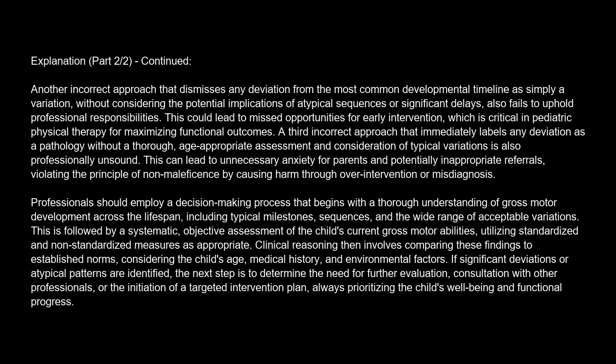Clinical reasoning then involves comparing these findings to established norms, considering the child's age, medical history, and environmental factors. If significant deviations or atypical patterns are identified, the next step is to determine the need for further evaluation, consultation with other professionals, or the initiation of a targeted intervention plan, always prioritizing the child's well-being and functional progress.